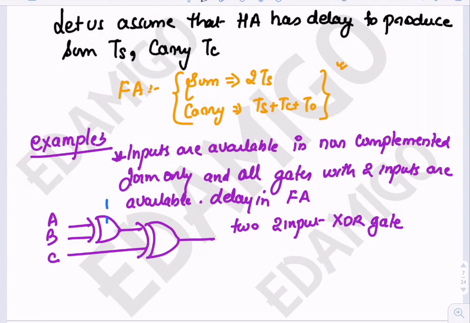Now if you are not able to understand the levels, I have explained them in the previous Tuesday digital electronics video solutions. Just I am telling you, the gates in which the inputs are directly connected are called level 1 gates, and the gates to which the output of level 1 gates are connected are called level 2 gates. So this is level 1 gate, this is level 2 gate. So there are two levels, so there are two gate delays here.